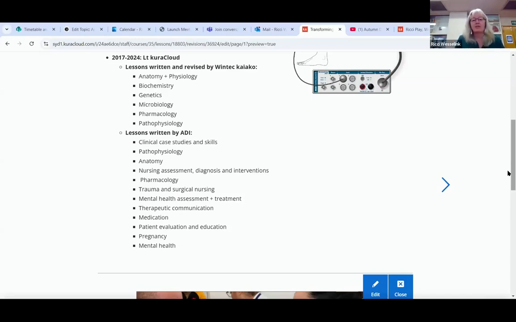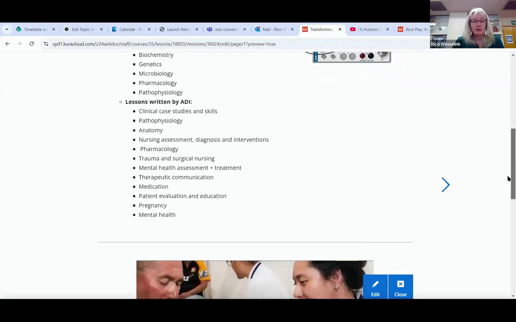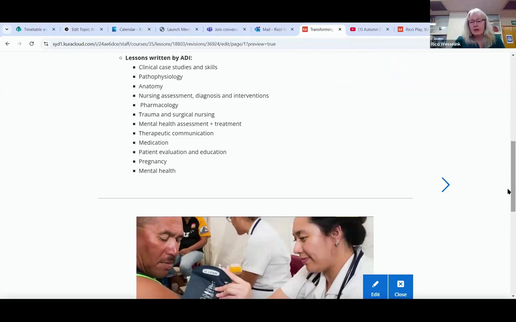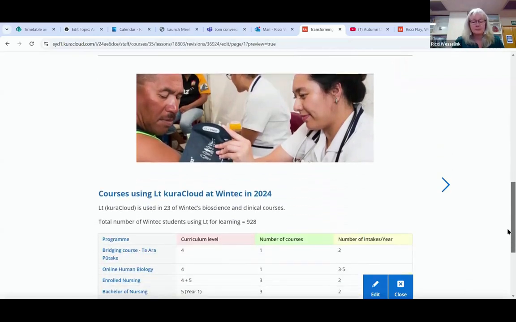So we had to write them ourselves, and we found the platform very easy to use and very easy to modify as we got feedback from students about how we could do it better, and as we learned ourselves about how to do that. There are also lessons, as Deepika said, that are written by ADI on a range of different topics, so ready to go and easily modified.